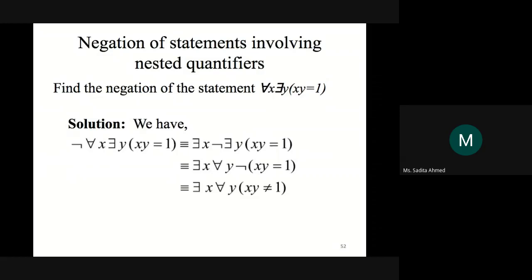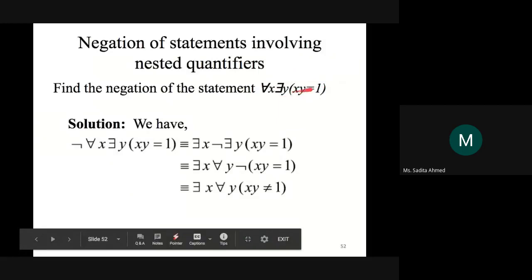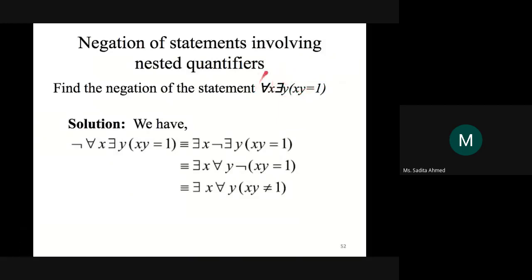Because now you have to find at least one negative real number such that all negative real numbers multiplied with that specific number give you xy equals to 1. I'm talking about this same expression, just with the position of the quantifiers reversed.